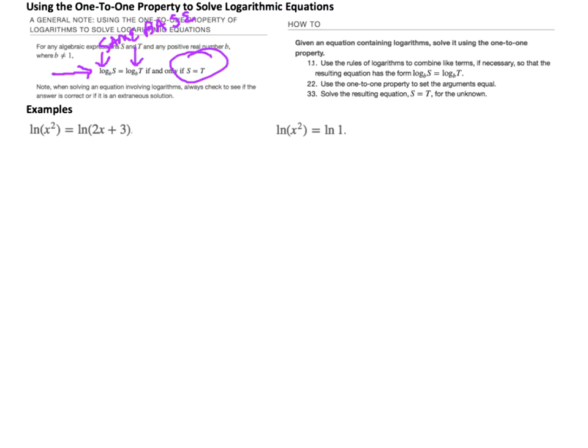Okay, so the first thing I notice is that I can pull this exponent out as a coefficient.